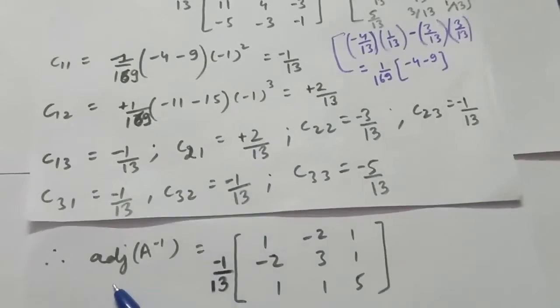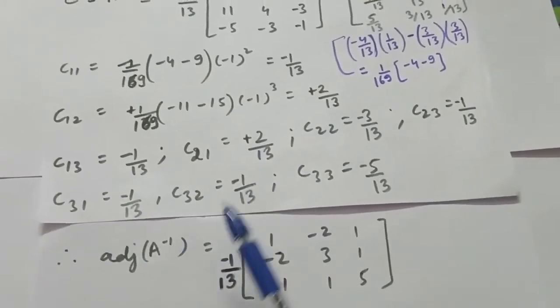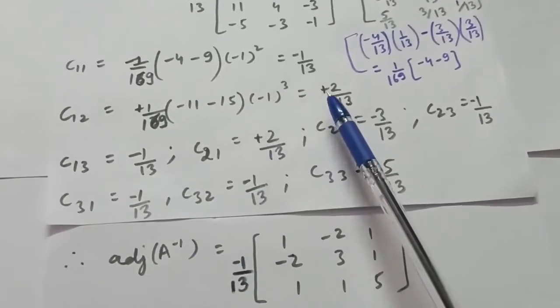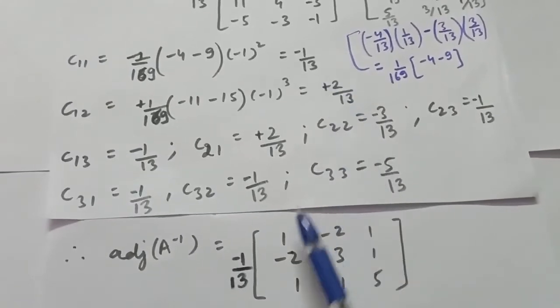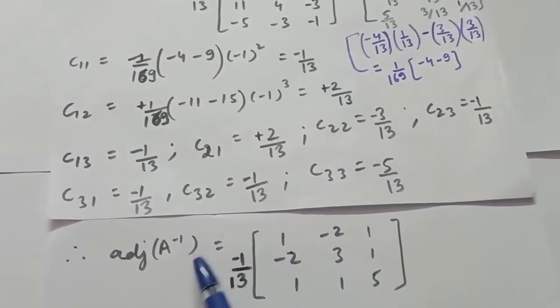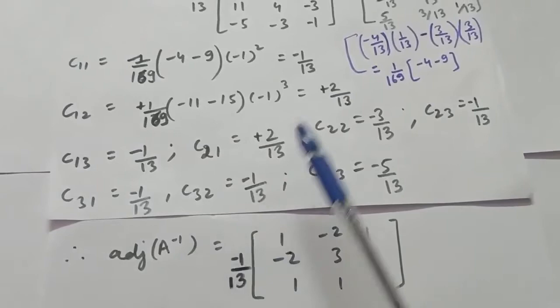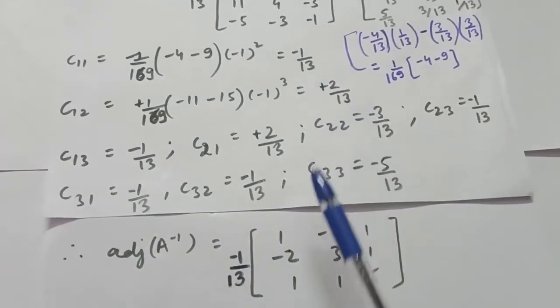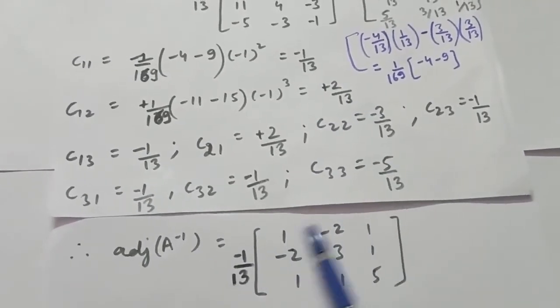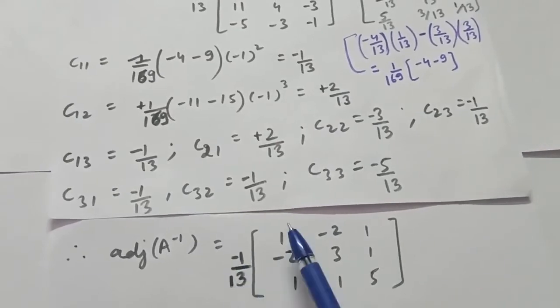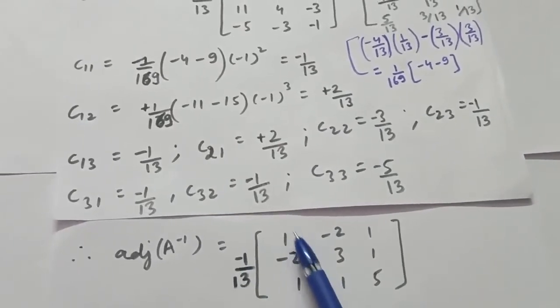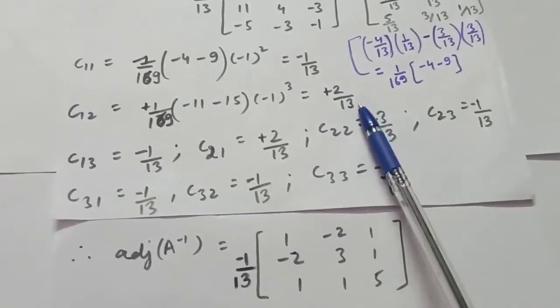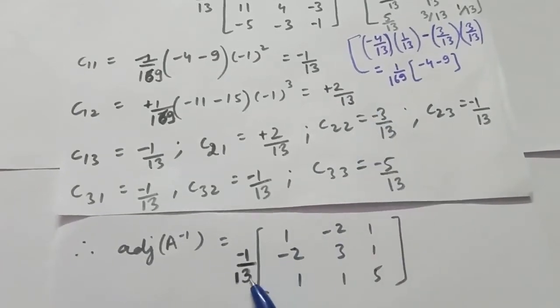Therefore, adjoint of A inverse will be, write the cofactors of one row as a column of the adjoint of A inverse. So minus 1 by 13, I have taken out from this complete matrix minus 1 by 13. So here you will get 1. Then the next is 2 by 13, minus 1 by 13 taken common.